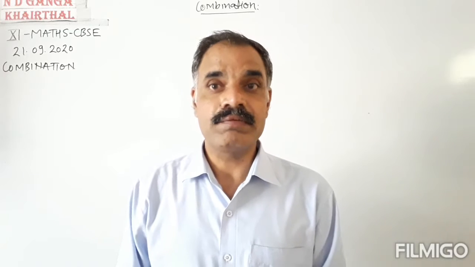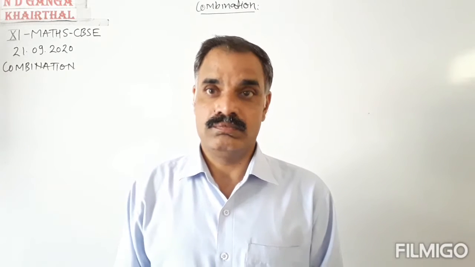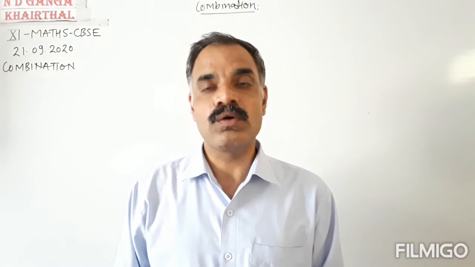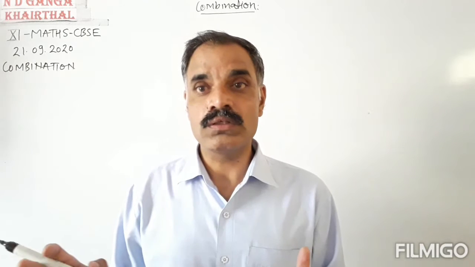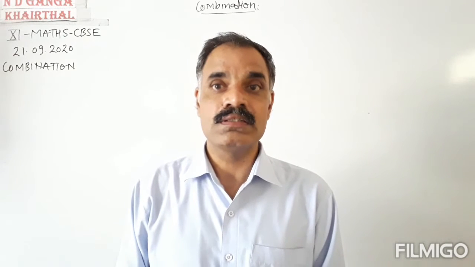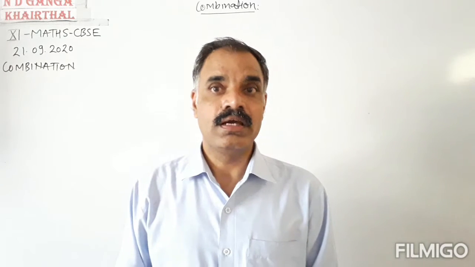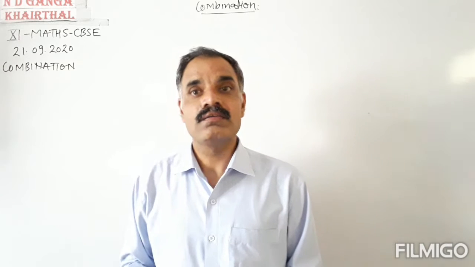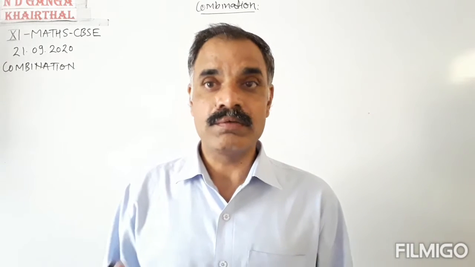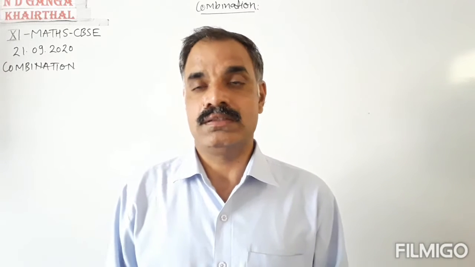Okay, it is denoted by nCr. C stands for combination, and n is the total number of different persons that has been given, and r is the required number of persons that we want to select.